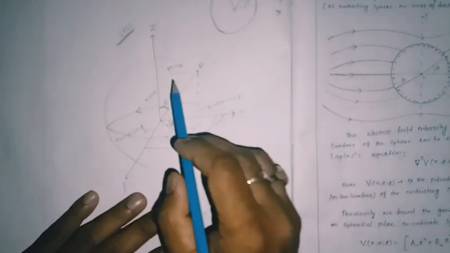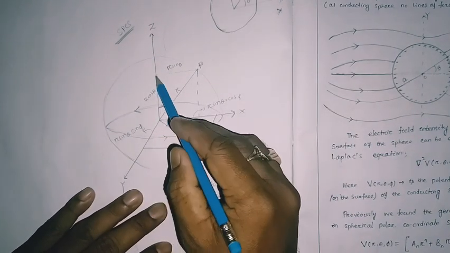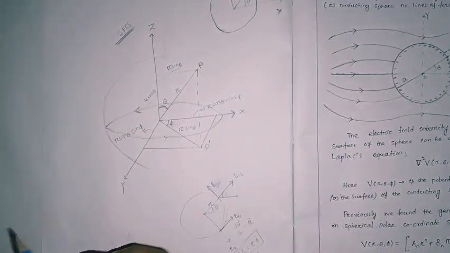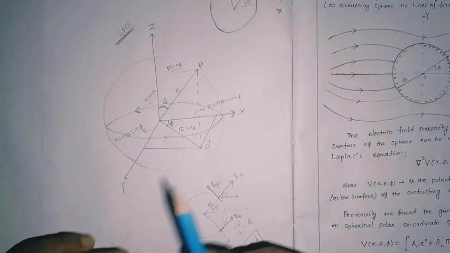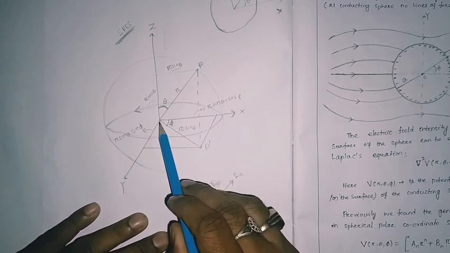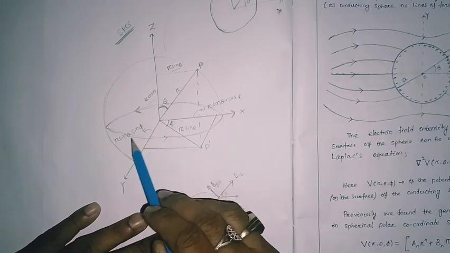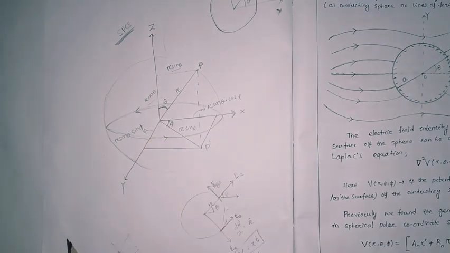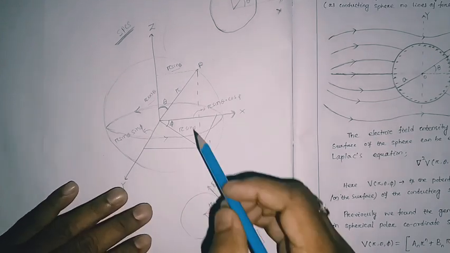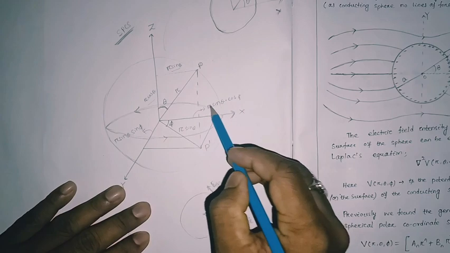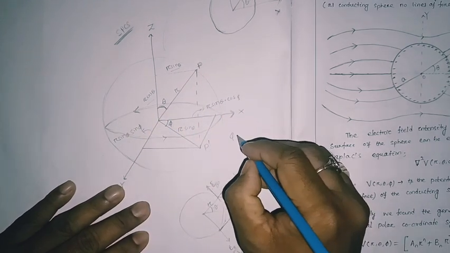Obviously this distance will be r cos theta, and this r sin theta. I am not going into detail; you can refer to other videos in my playlist. This distance will be r sin theta cos phi, and this will be r sin theta sin phi. Here you can see that the phi angle is rotating like this, and phi is the so-called azimuthal angle.